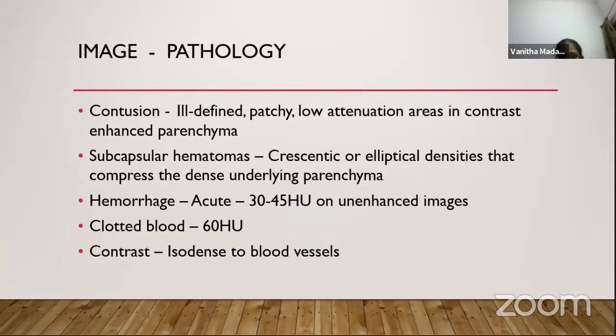Acute hemorrhages will have a positive Hounsfield value of around 30 to 45 Hounsfield units, so that we can appreciate them early in unenhanced images, whereas clotted blood will have 60 Hounsfield units. In contrast images, we can see the contrast as isodense to the blood vessels.